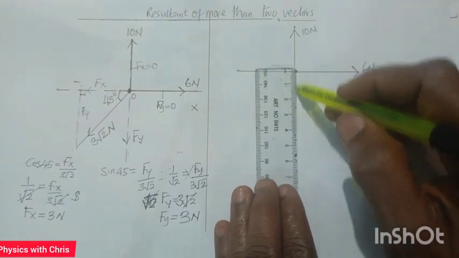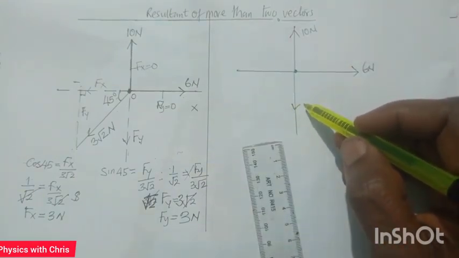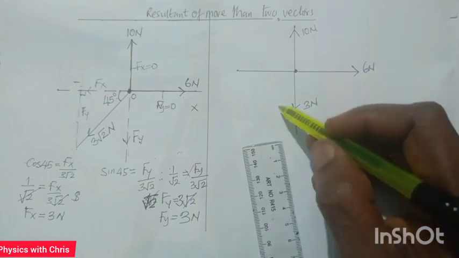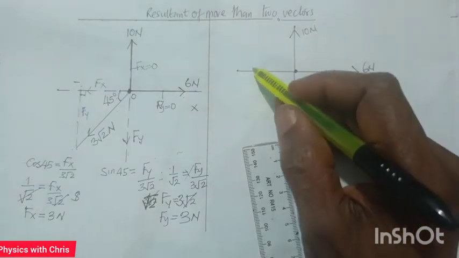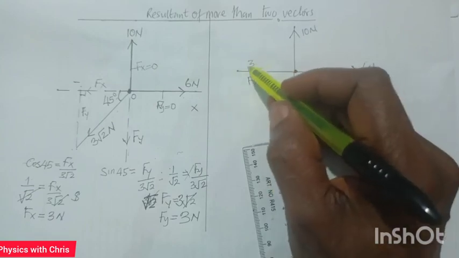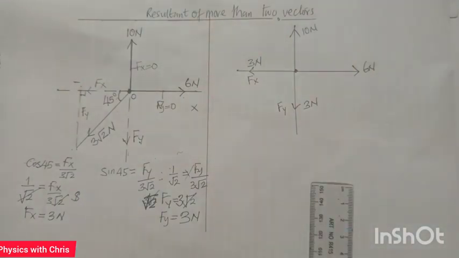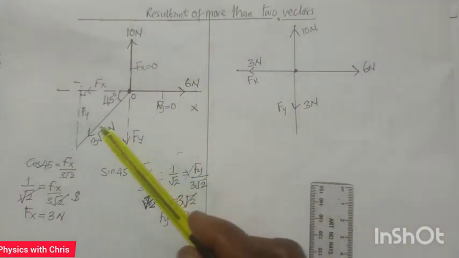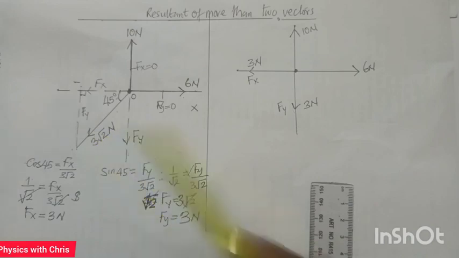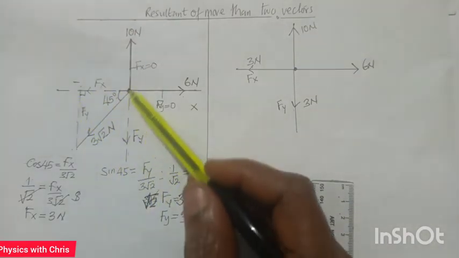The components are, I have the 3 Newton here. This is my Fy component. And my Fx component, I got 3 Newton. So this is what we need to do to show the picture after I have resolved this force 3 root 2 Newton into its x component and its y component.